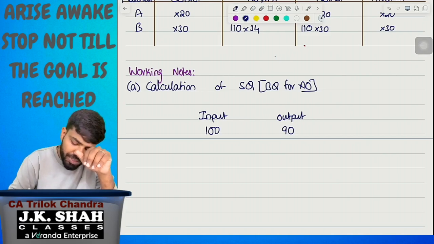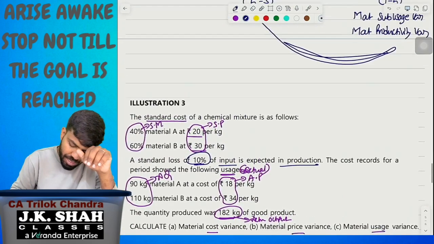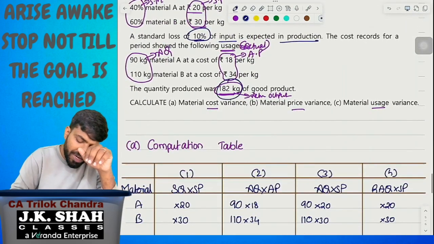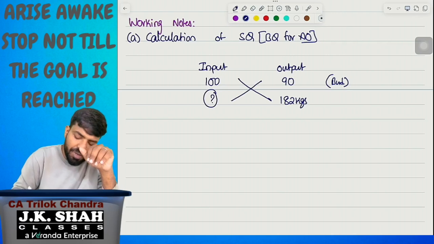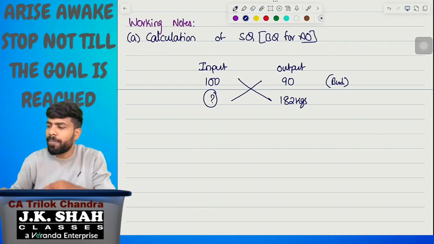What is the actual output? This is the budget, but the actual output is clearly mentioned in the question: 182 kgs. To get the output of 182 kgs, how many kgs do we have to give as input?